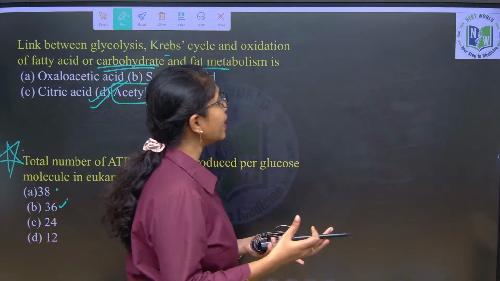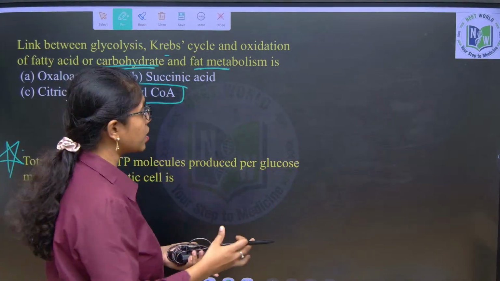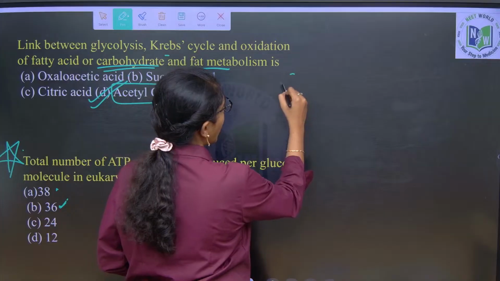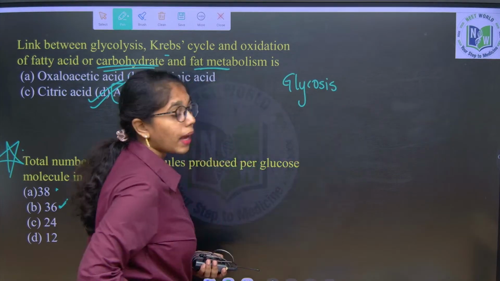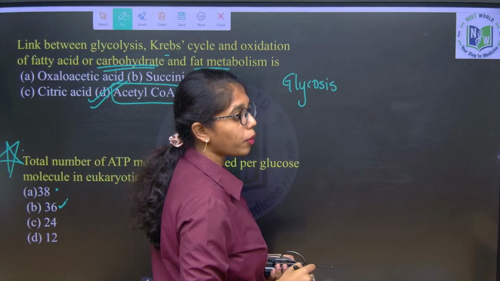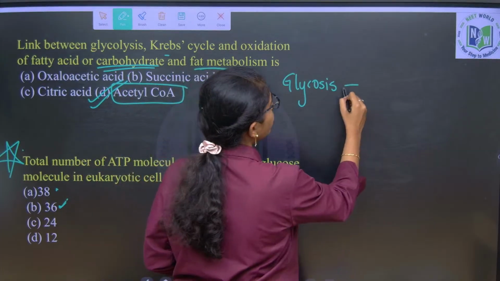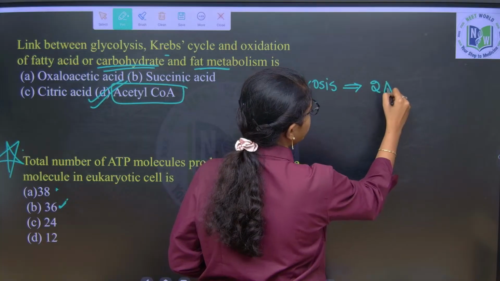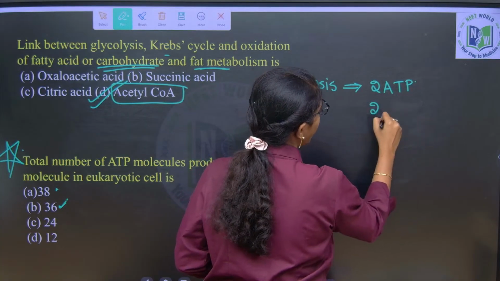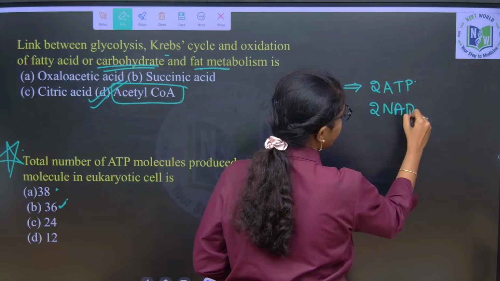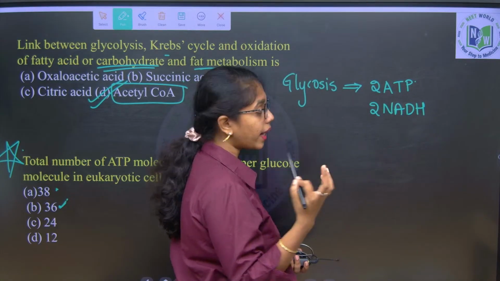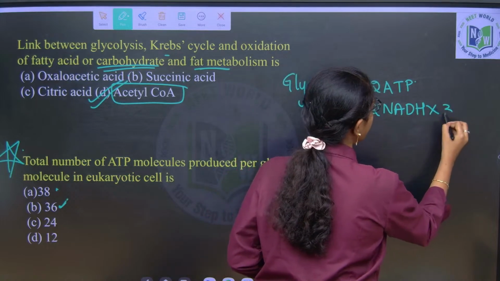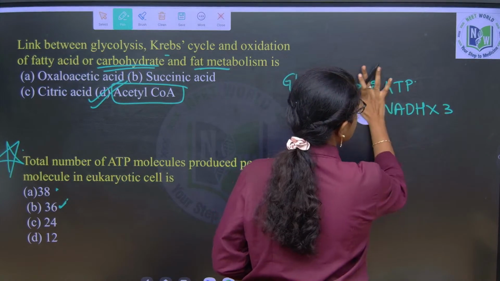Let's quickly recall the energy sheet of aerobic respiration. Of course, 4 consecutive steps, starting with glycolysis. In the process of glycolysis, 2 net ATP are formed and 2 NADH are formed, right? 1 NADH is equal to 3 ATP, so 2 NADH, 2 into 3, is on total 6 ATP.